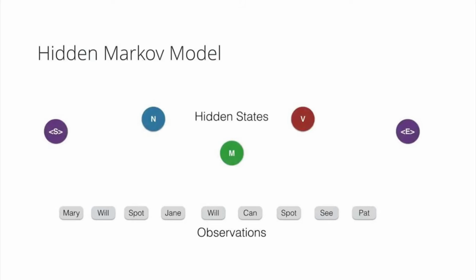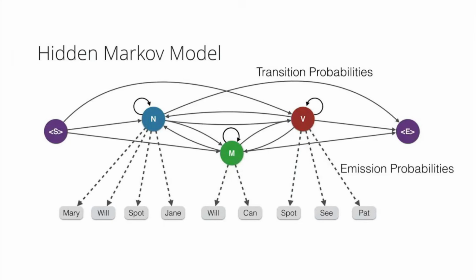Observations are what we get from the sentence, the words, and the hidden states are what we have to predict from the observations that we have. Between each and every hidden state, we have transition probabilities, and between the observations and the states, we have emission probabilities. So how likely a noun will be followed by a modal verb is a transition probability. How likely that a noun is Mary is an emission probability.